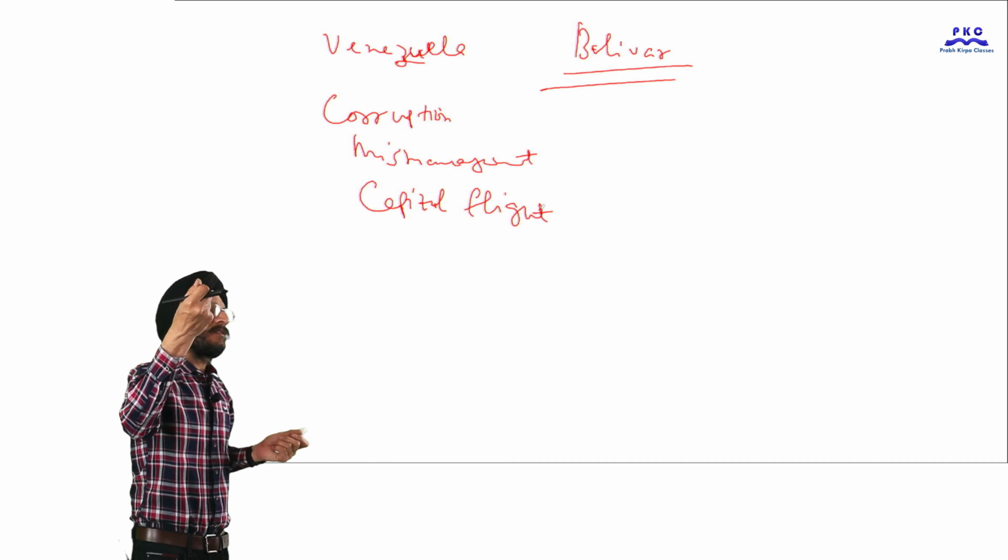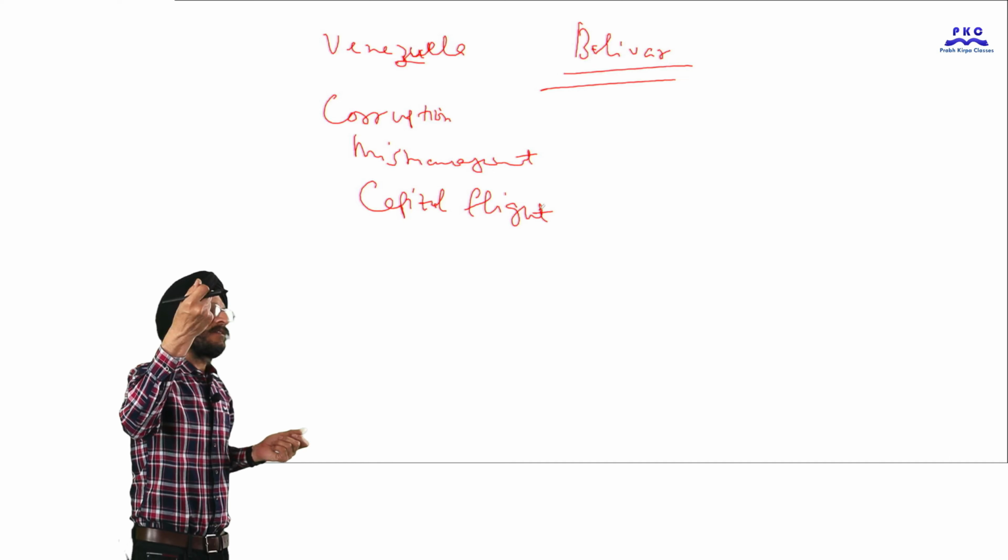Due to all these factors, the value of Indian currency will depreciate. Suppose the value of Indian currency depreciates to 85. It means that to purchase one US dollar, we will have to pay 85. That is, we will have to pay more in Indian rupees to purchase one US dollar.